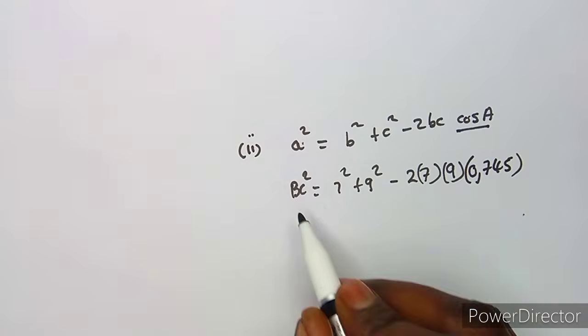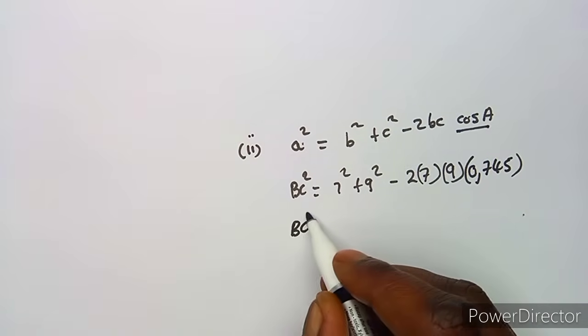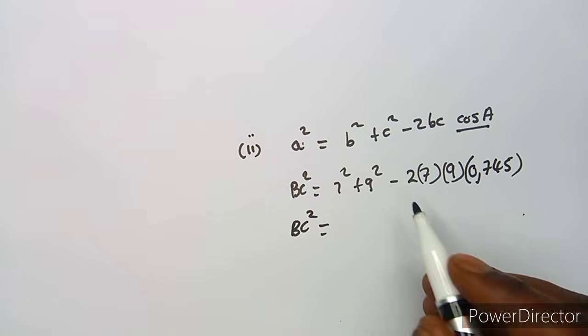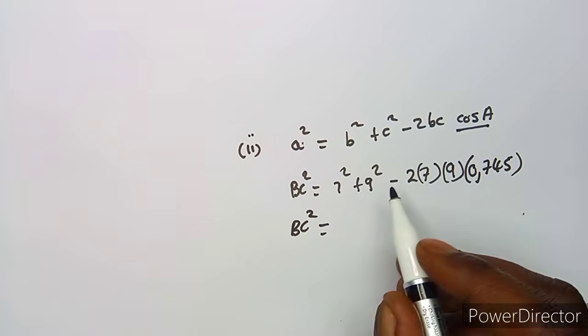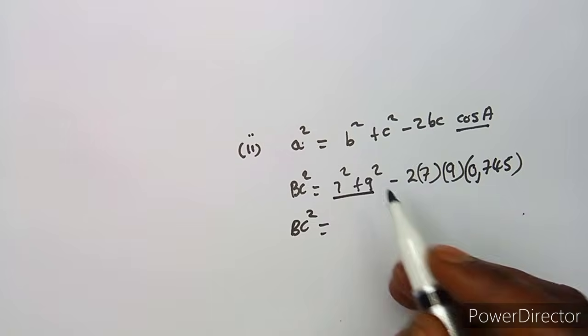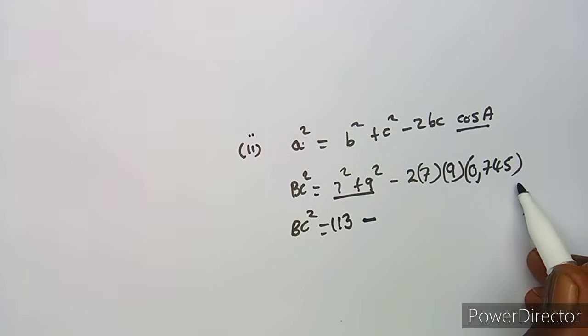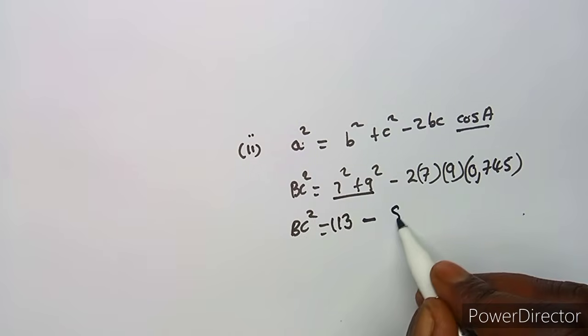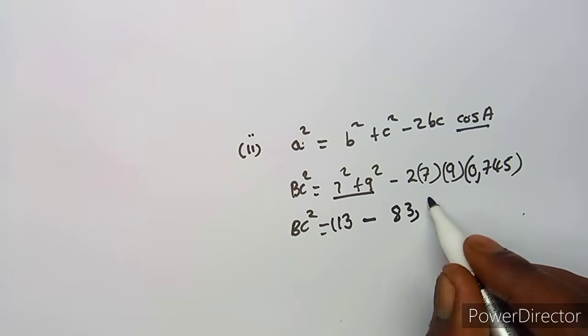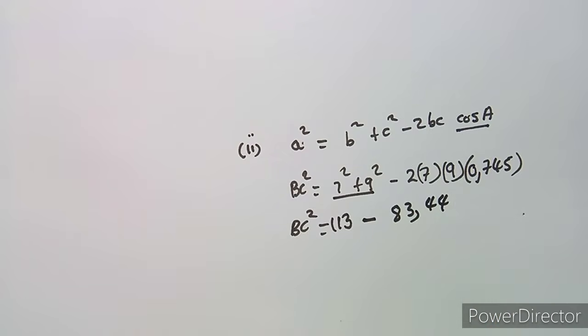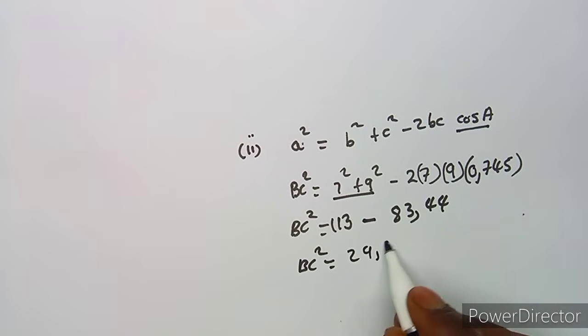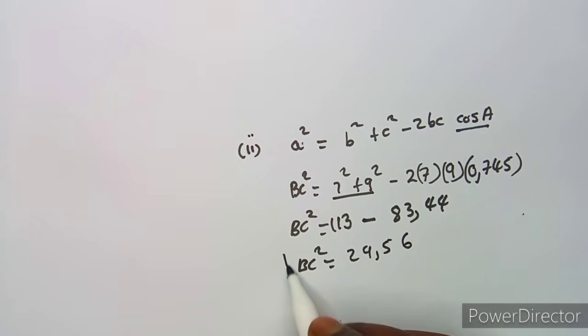All right, so to find BC we have to simplify, guys. 7 squared plus 9 squared. Just combine these two, you're going to obtain something like 113 minus, we multiply these, we are going to obtain something like 83.44. You can use the actual values or these ones, your answer is going to be the same. BC squared is equal to, you subtract these two, which is going to be 29.56, if you subtract properly.